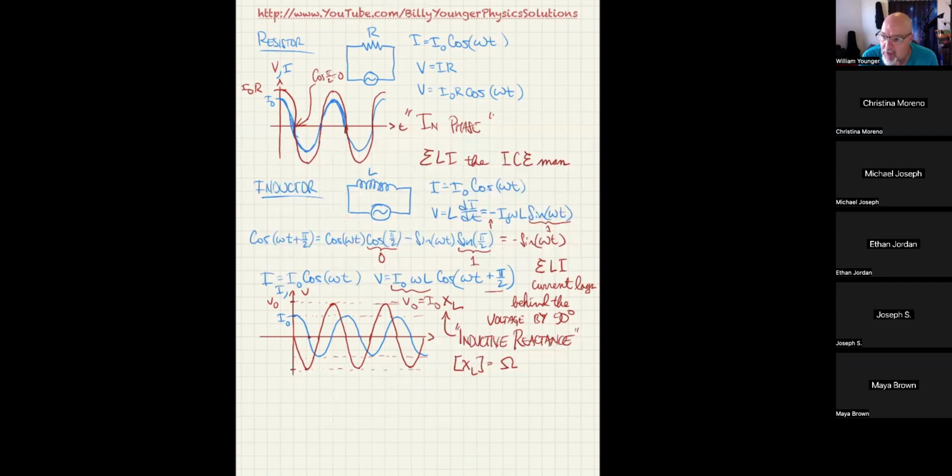So as omega goes to infinitely large, in other words, really high frequency, then the inductor will actually act like a break in the circuit, because it's going to become an infinite amount of resistance.